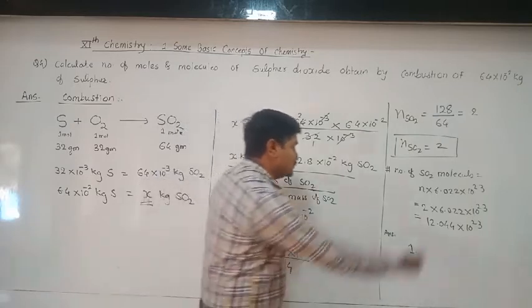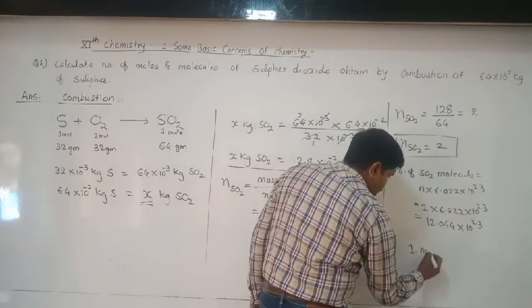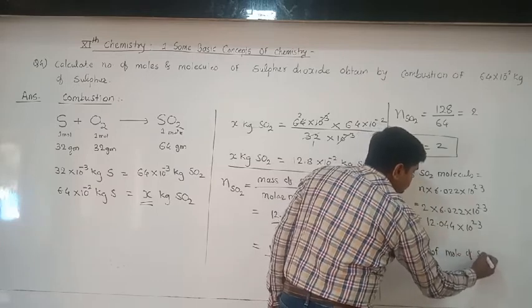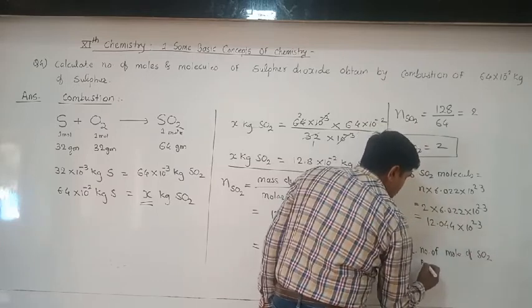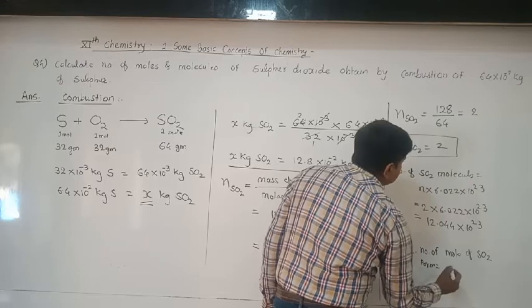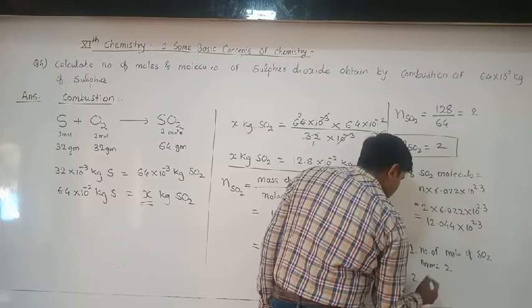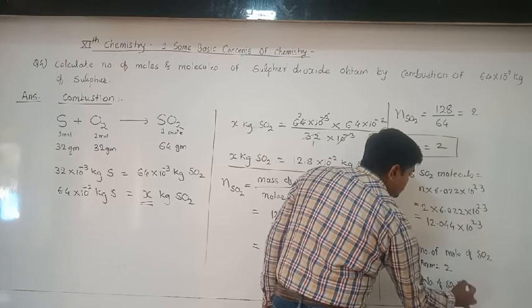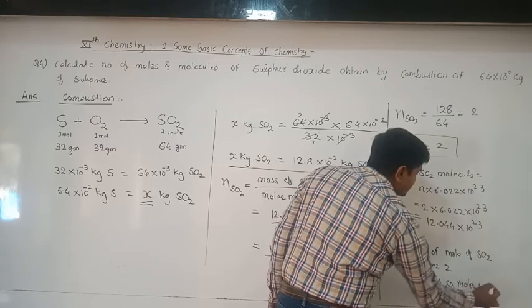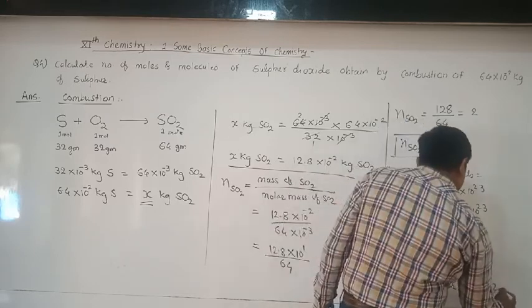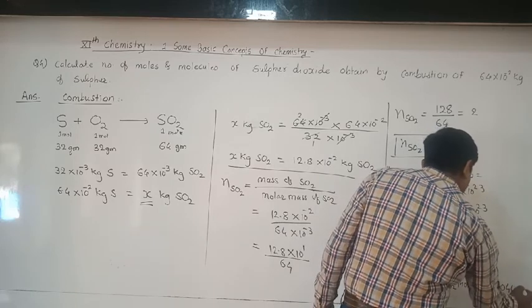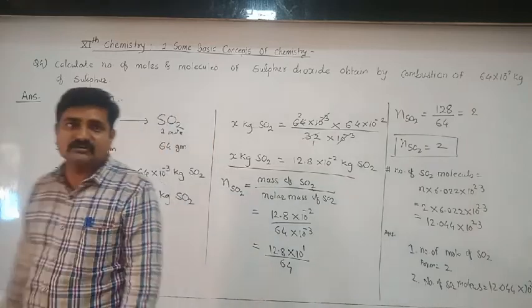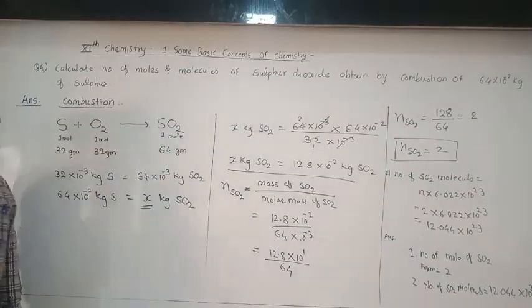Number of moles of SO2 formed is 2 and number of molecules is 12.044 into 10 raised to 23. Let's solve. Write down properly.